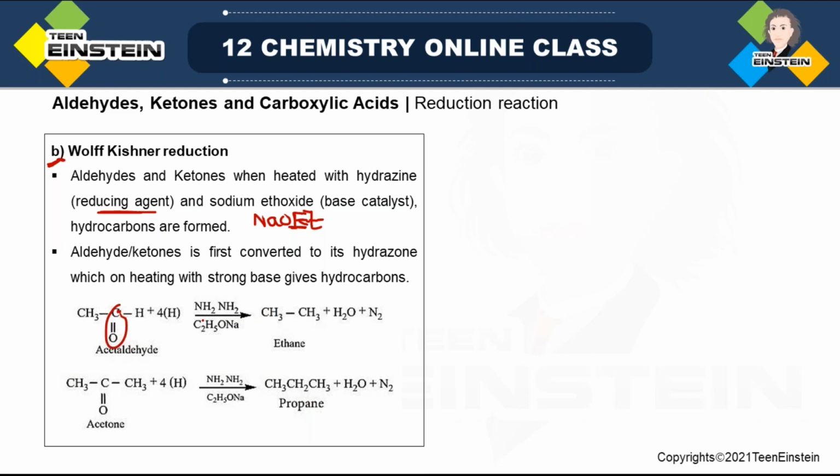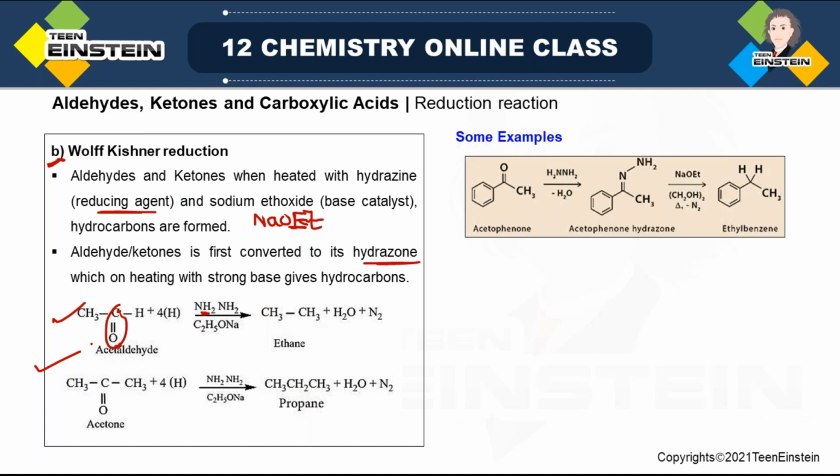Here the ammonia derivative is NH2NH2, which is N2H4, that is hydrazine, and H2O is removed from the CO, so there will be a condensation reaction. That means C double bond N-NH2 will be produced first, which is the hydrazone intermediate. Now when you are heating it with strong base, ultimately you are getting ethane. Two examples we have taken, one is acetaldehyde, another one is acetone. Some more examples we will see.